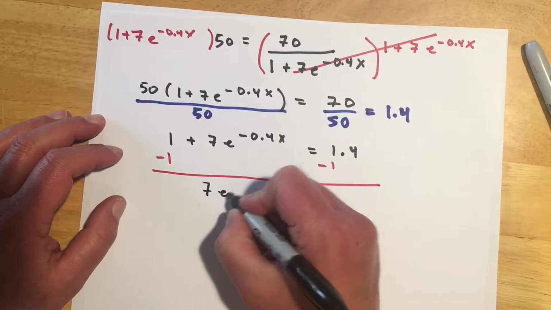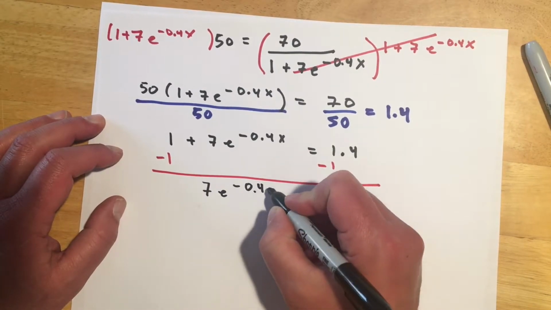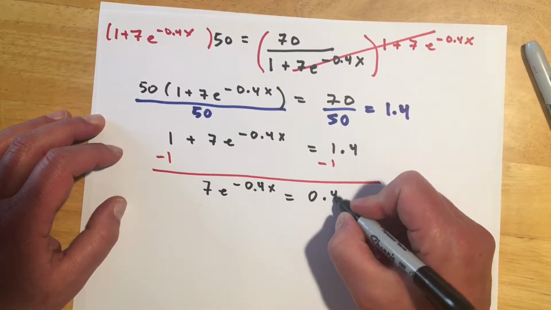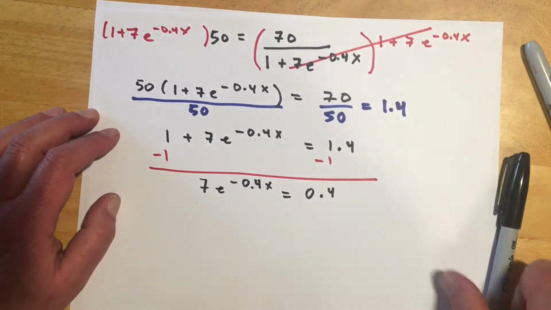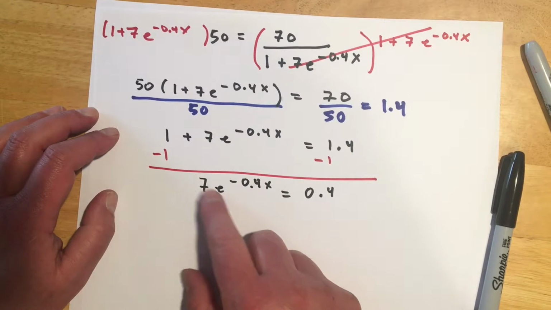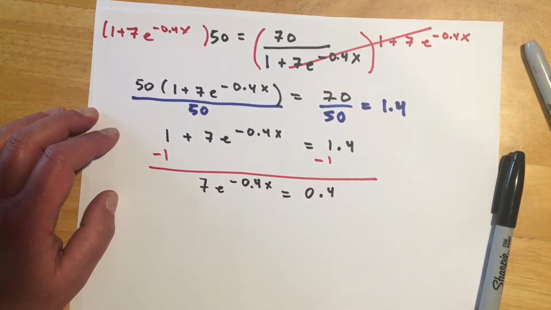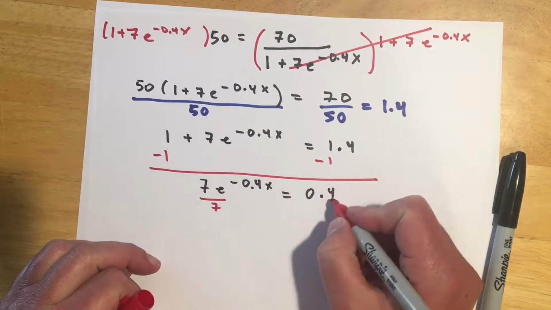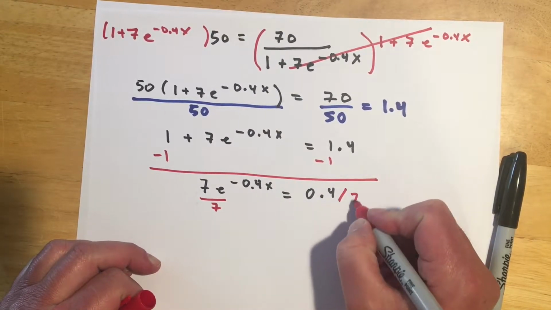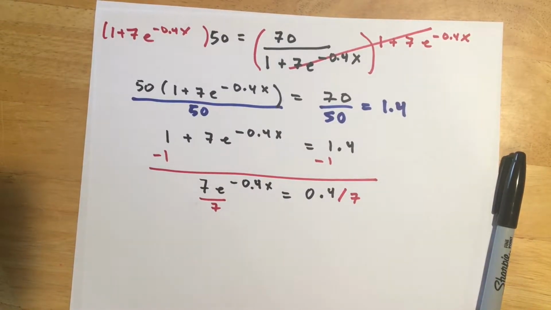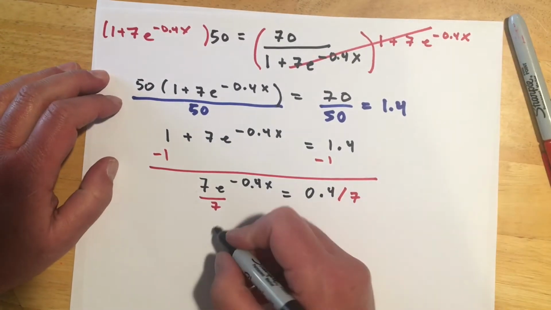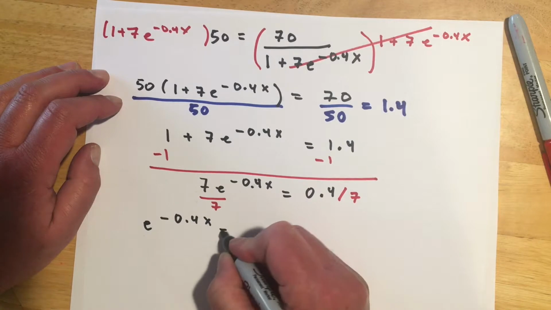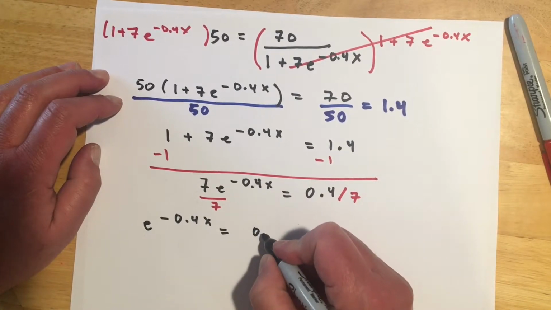So 7e^(-0.4x) equals 0.4. And then I've almost got this piece by itself, so I'll divide the 7 over. And I think this didn't turn out to be a good number because I left it like that. So now we have e^(-0.4x) equals that number.